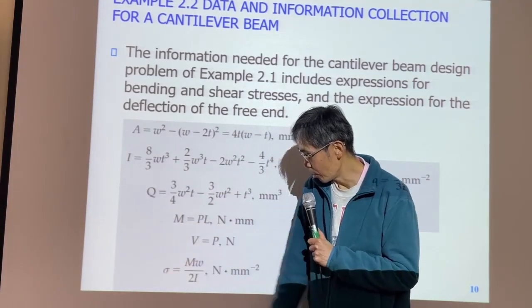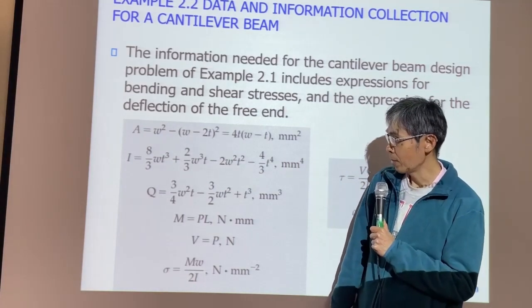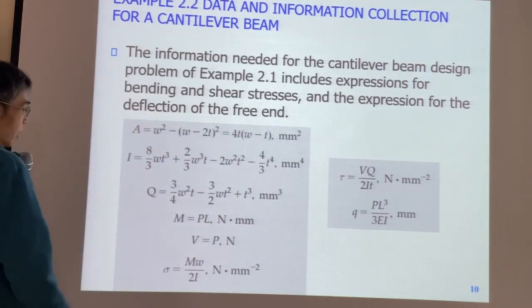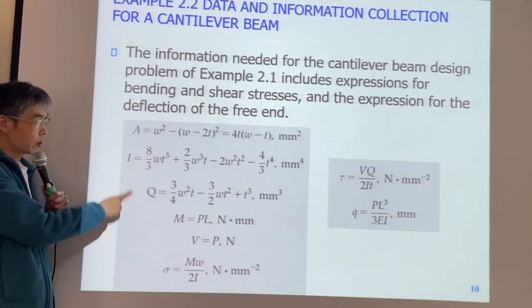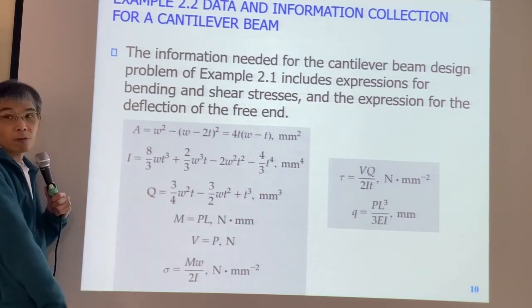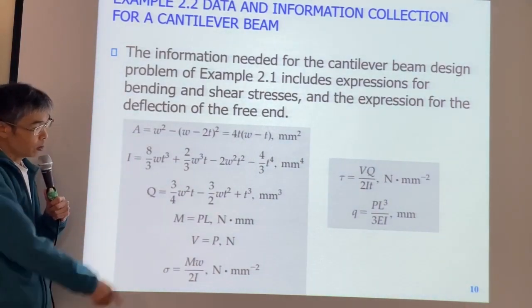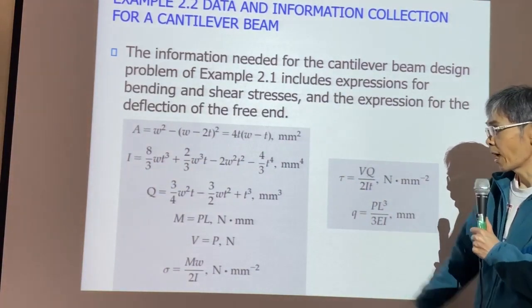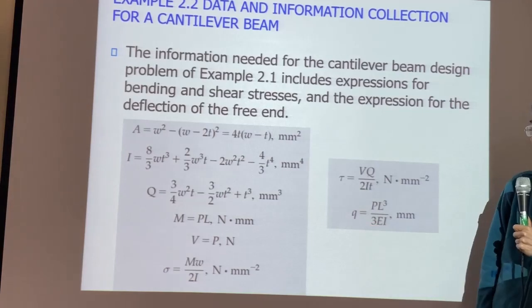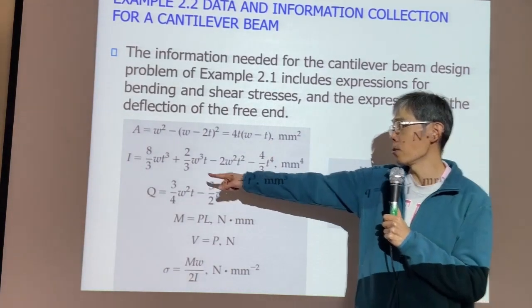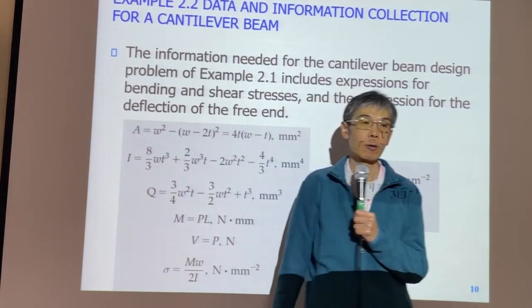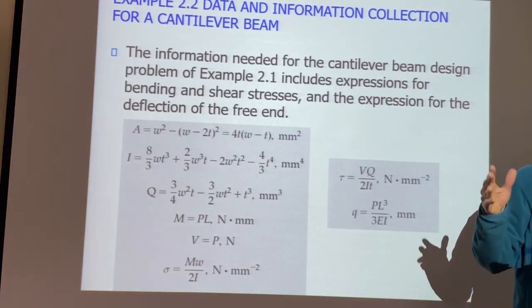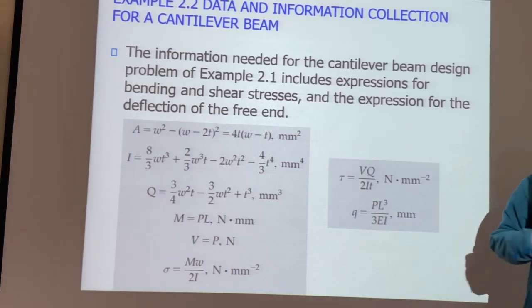And I is the second moment of inertia, and Q is the first moment of inertia, because we need Q to calculate shear stress. We need I to calculate the deflection. And this is the cross-sectional area. So all these mathematical formulations are the equations we need to help us solve the problem.